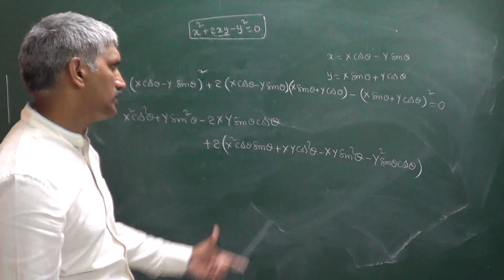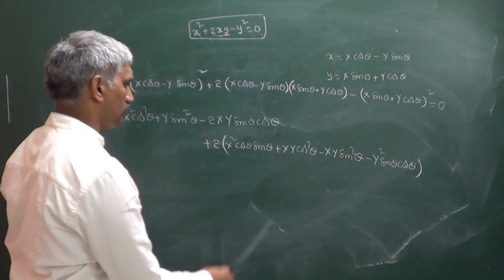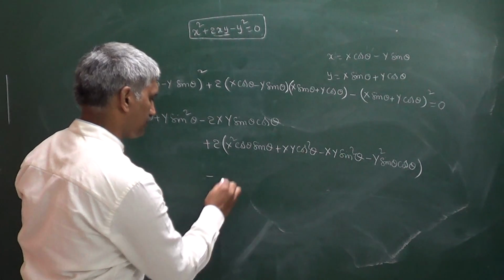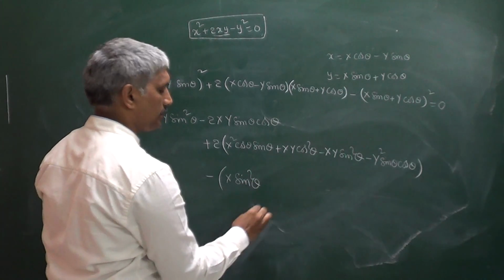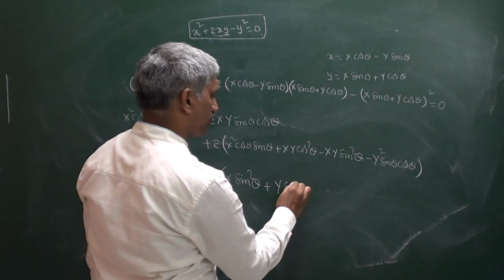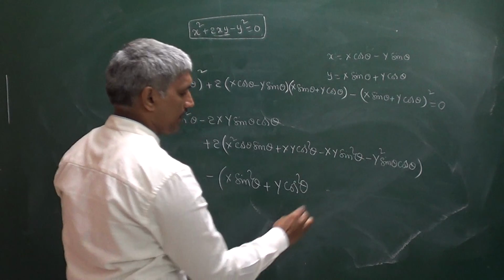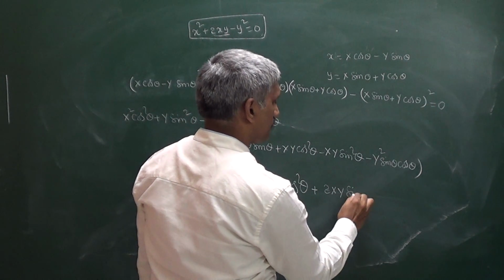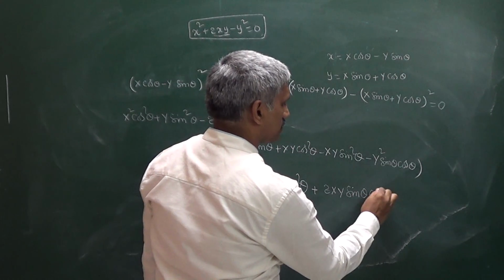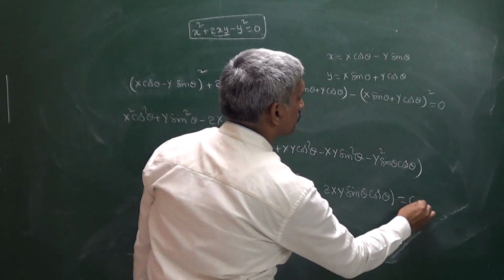That is the simplification of these two terms. Minus next, x square sin square theta plus y square cos square theta plus 2xy sin theta cos theta, must be equal to 0.